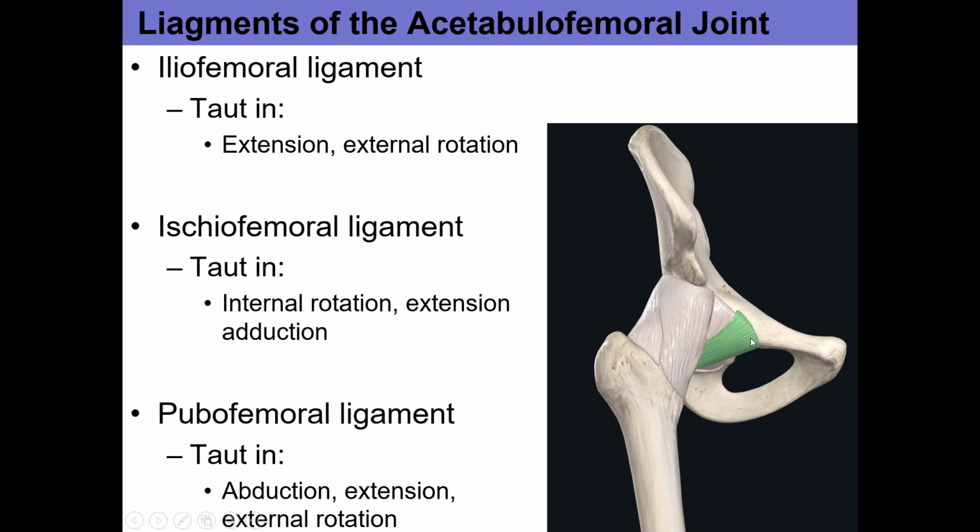That'll become important here in a few slides. Anyway, it's going to insert along the neck of the femur as well. In terms of actions that the pubofemoral ligament limits, it limits abduction, also limits extension, and then external rotation.